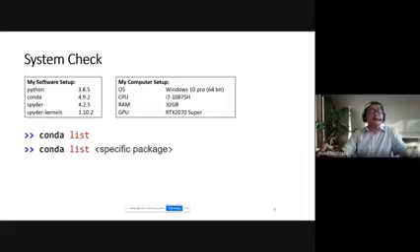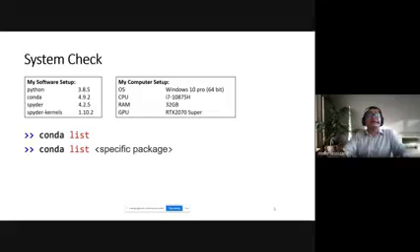So let's say if you have Spyder in your system and you want to know which packages you have, you can just use Conda. You type conda space list, and then you will see all the packages available in your system. If you want to know a specific library, for today I will use mostly NumPy, SciPy, and Matplotlib.